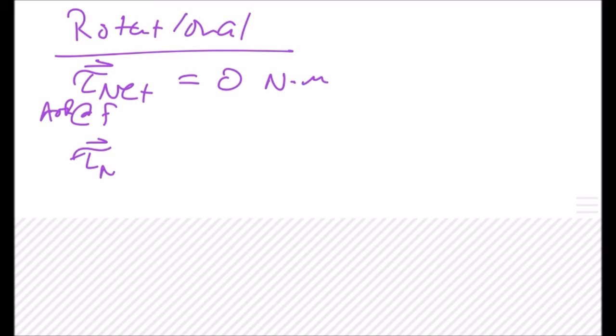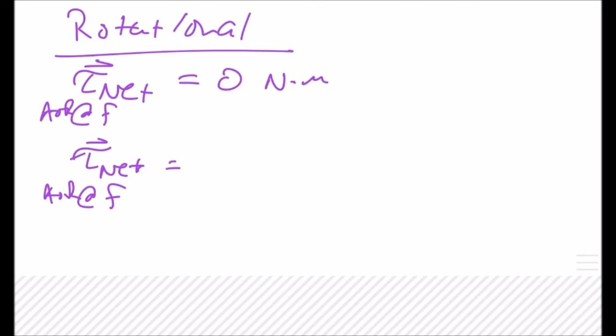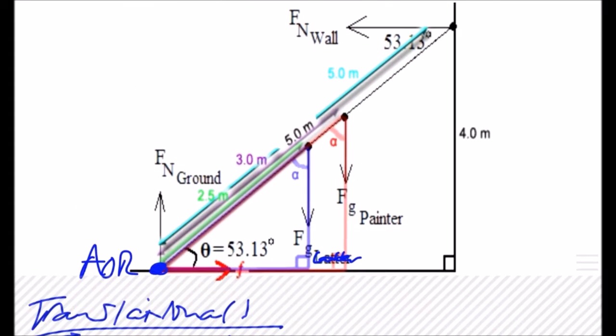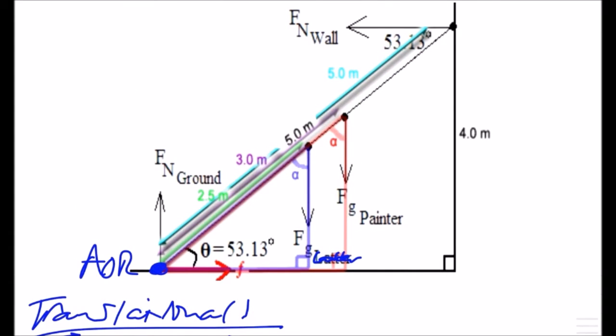And then we'll do our next torque net statement. Torque net, when the axis of rotation is at the frictional force, is equal to what? The sum of all the torques, right? Okay, so we need to go through and see which forces are going to cause a torque on this system, right?